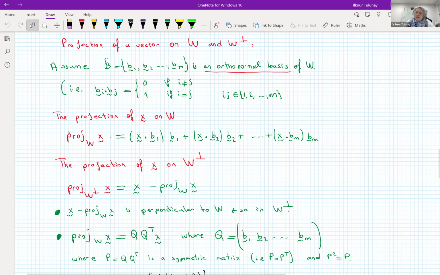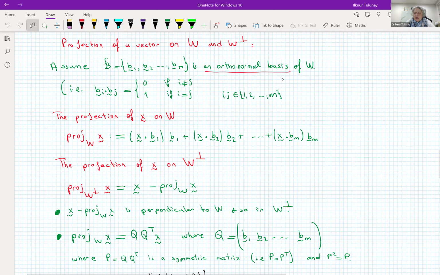So by definition, we call this vector the projection of the vector X on the vector space W. As you realize, this definition works only for an orthonormal basis. If any basis is given to you, you need to turn that basis into an orthonormal basis, and we know how to do that.